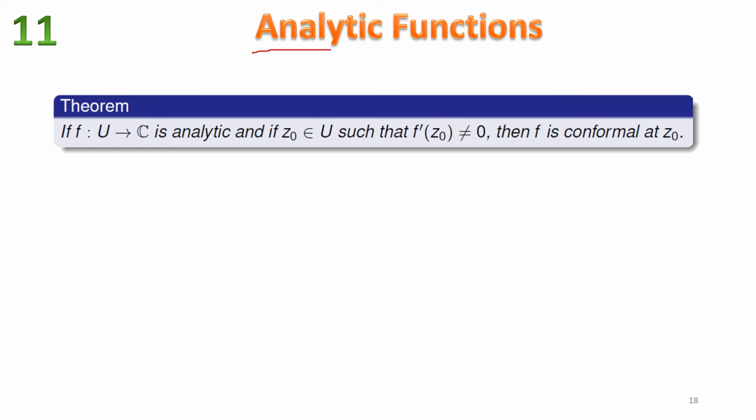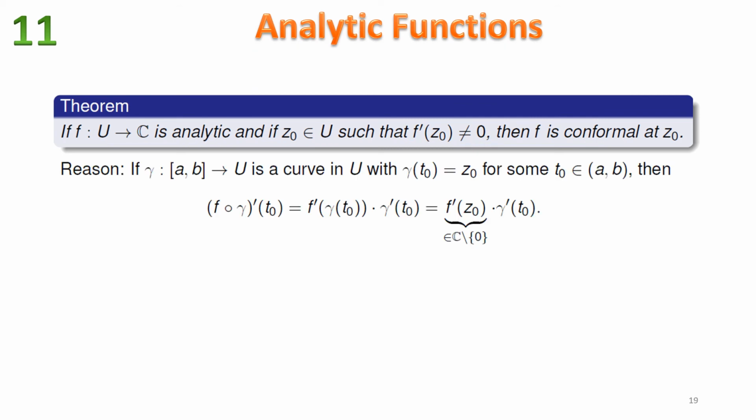What all this has to do with the analytic functions, that we shall try to understand. Let us suppose that U is a set that maps to the complex plane C, and this mapping is done by some function, say f, and this function is analytic, and if z0 belongs to the set U such that f dash at z0 is not equal to 0, then the function is conformal at z0.